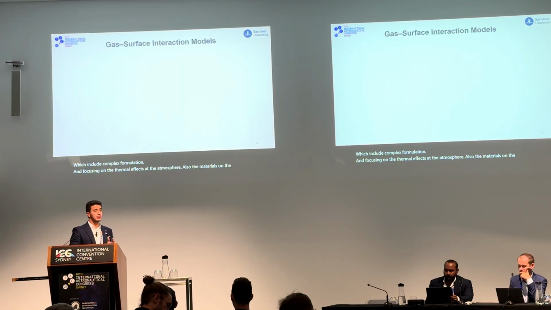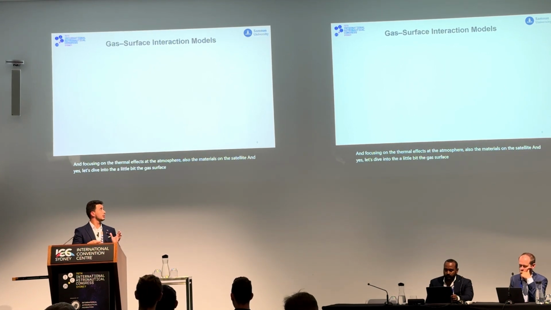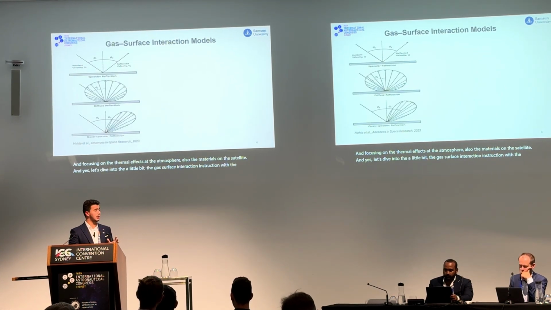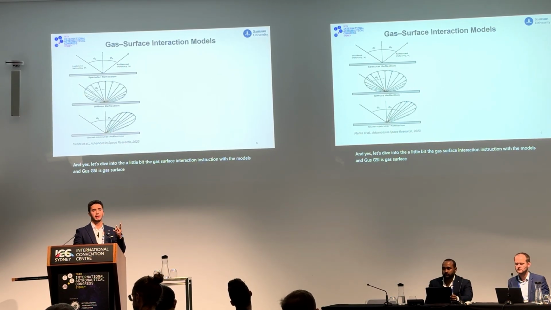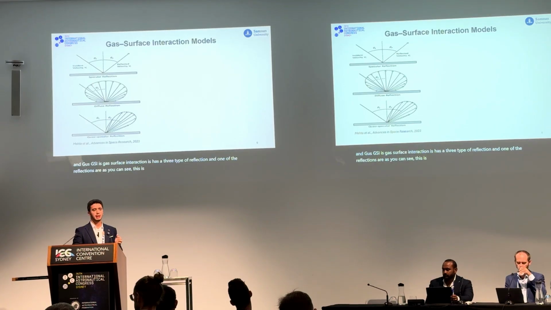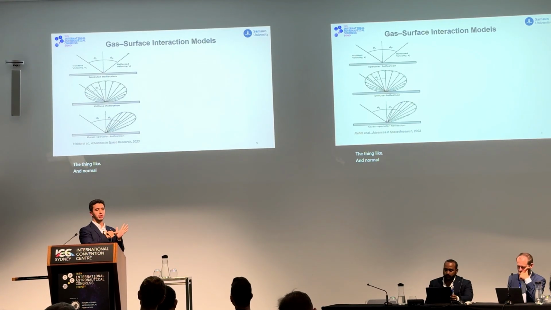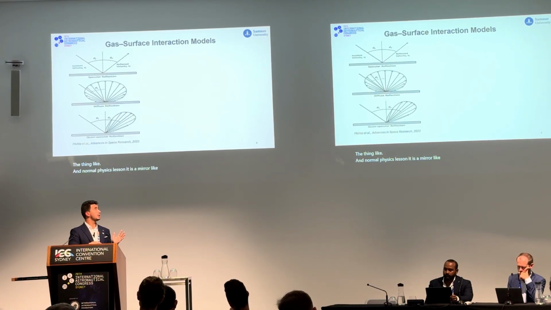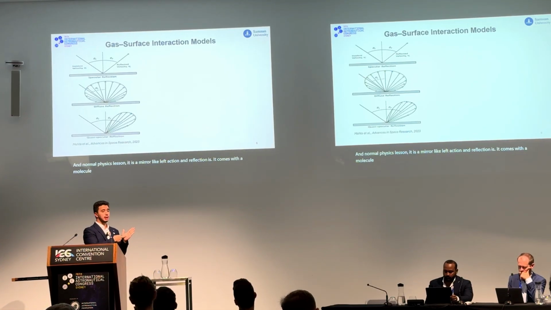Let's dive a little into gas-surface interaction with the models. GSI, gas-surface interaction, has three types of reflection. One of them, as you can see, is specular reflection. Think of it like in a normal physics lesson: it is a mirror-like reflection, where a molecule comes to the panel and reflects at the same angle.